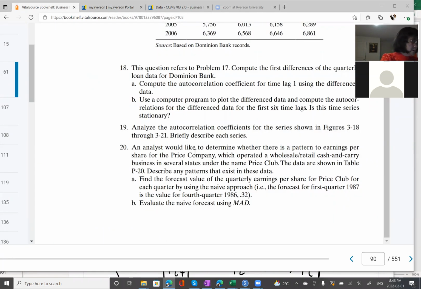So the question is at, try to locate the page number. Page 138.